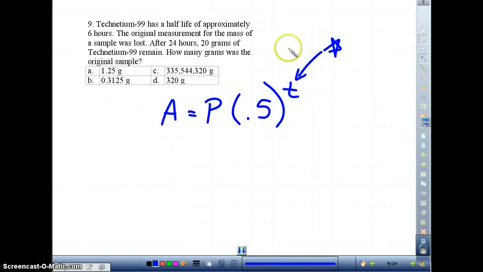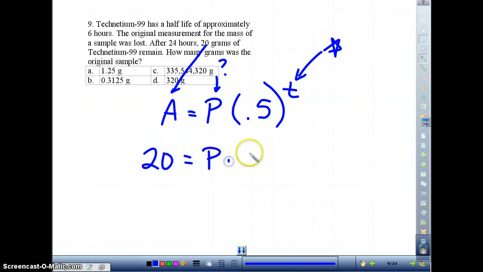Okay? Now, the original amount is lost. We don't know the P. That's what we're trying to solve for. After 24 hours, there's 20 grams remaining. That's your A. So we have 20 equals P multiplied by 0.5 raised to the T.